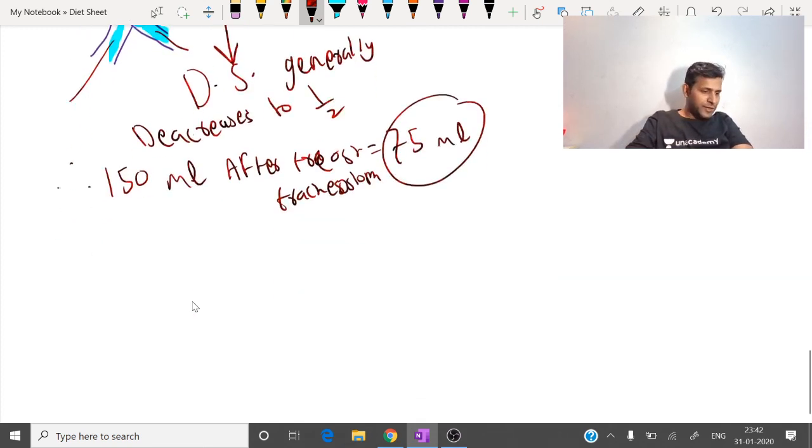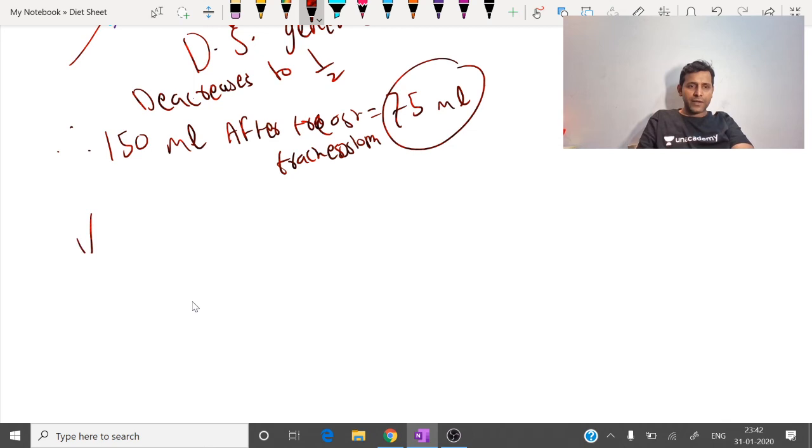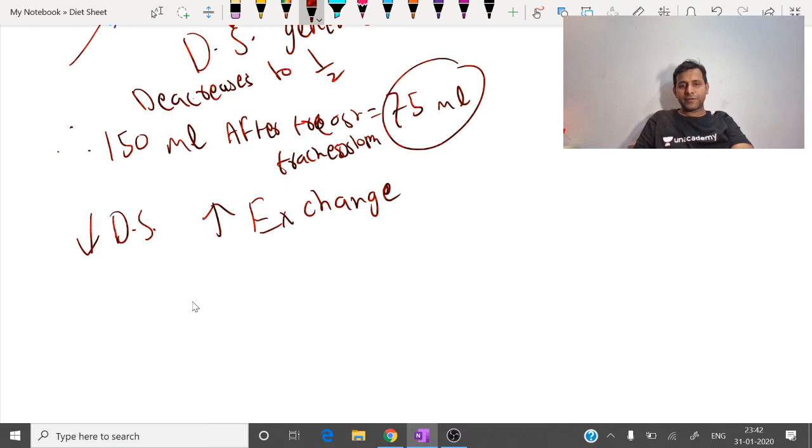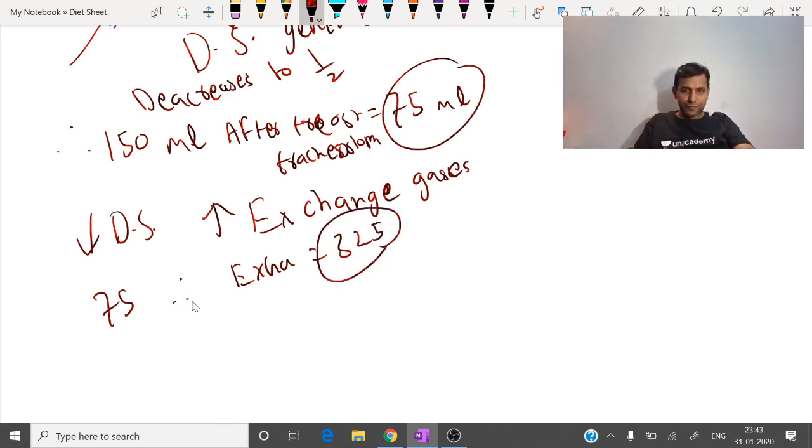And if the dead space decreases, what is the advantage here? Decrease in dead space increases the exchangeable space, meaning the amount of air which can be used for exchange, its volume, increases. Therefore, if the dead space is 75 ml, the exchangeable amount of gas will be 425, sorry, 425.